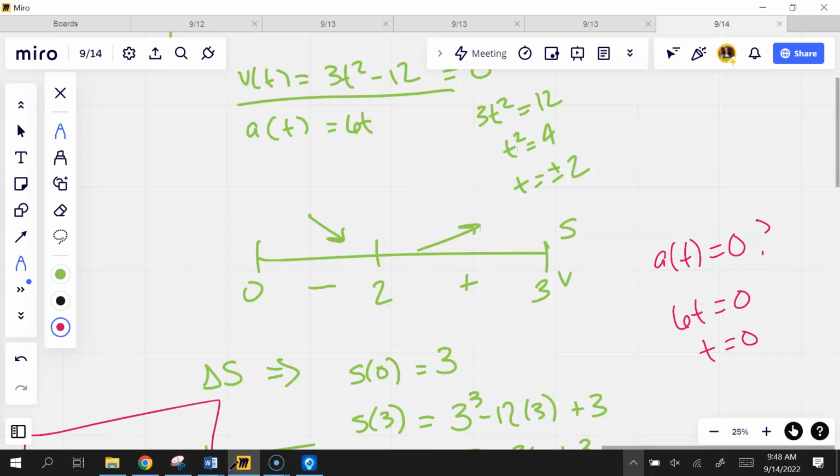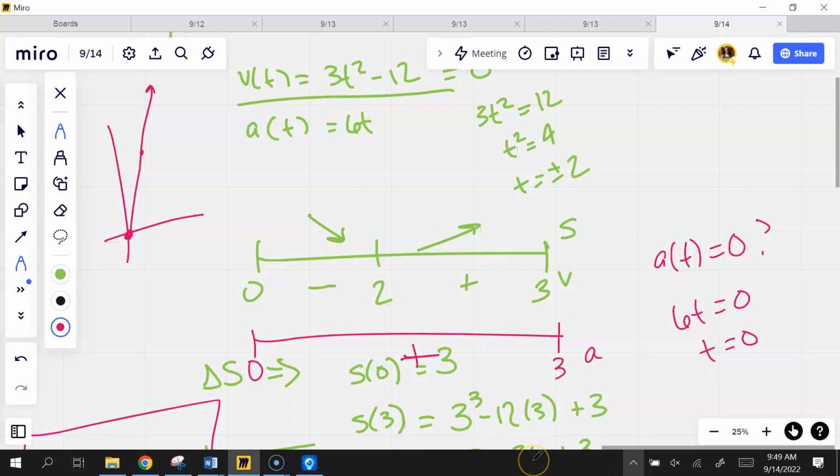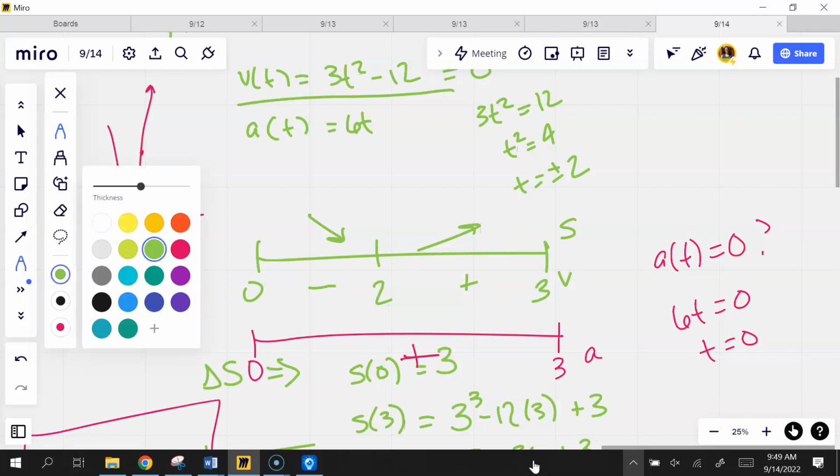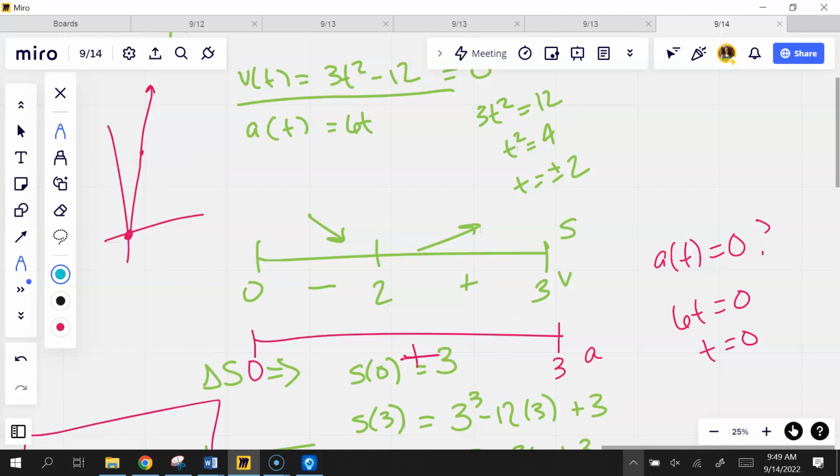So if you think about it graphically, that makes sense because it's got a y-intercept of 0. It goes up 6 over 1. So there's my acceleration. Acceleration is always what? Positive. So if I do this, 0 to 3, acceleration is always positive. So where is it speeding up? That's exactly right. This one's a little bit easier to see. Maybe we should have started with this one.